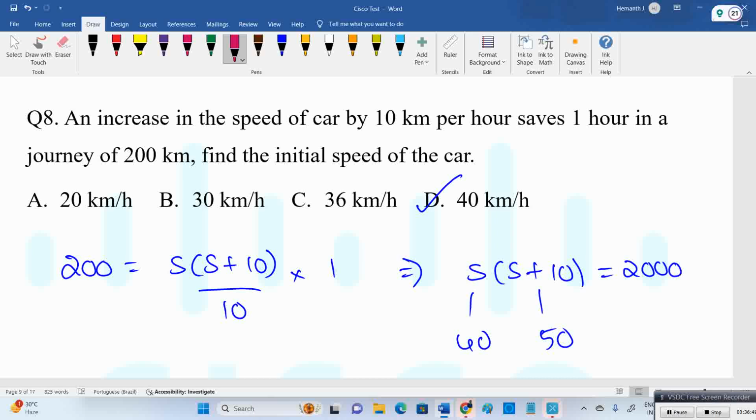That formula is applicable when distance is constant and speeds are varying. When speed is more, definitely time will be saved. Time gain, time saving or time difference are all similar. Answer 40. Initial speed is 40. Later it is 50.